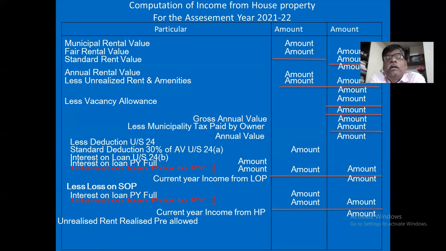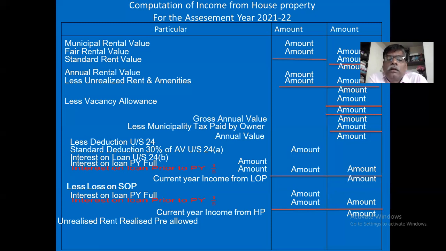Rent was not collected in some year, and the same amount is collected in the previous year. Means the tenant failed to pay the rent in an earlier year, and the same tenant paid that rent in your current previous year. That rent is called unrealized rent realized. If it was allowed by the income tax department previously, then that is income of the current year.